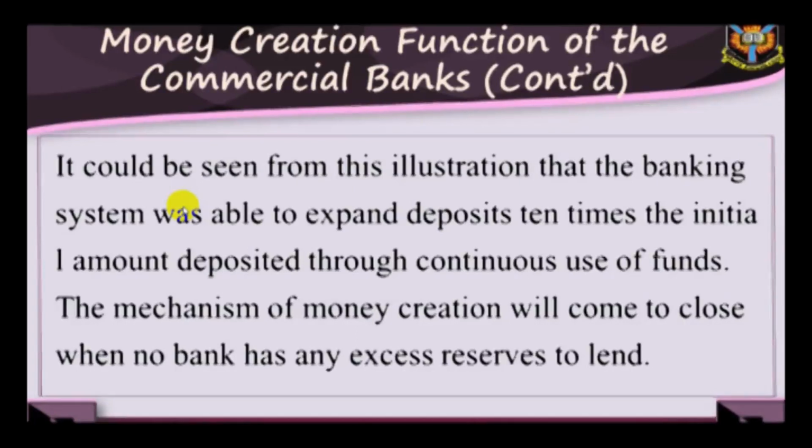Putting this in algebraic form: a plus ar to the power 1 plus ar to the power 2 plus ar to the power 3 ... plus ar to the power n.